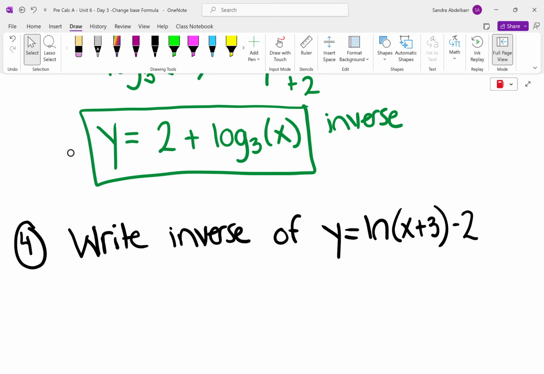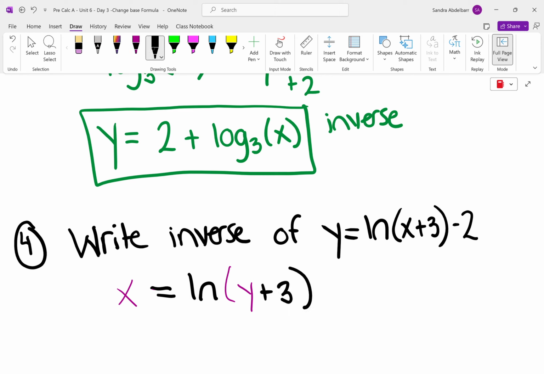So now for this, again, when we want to find the inverse, we switch x and y. So I have x is equal to the ln of y plus 3, and then outside the parentheses, minus 2.